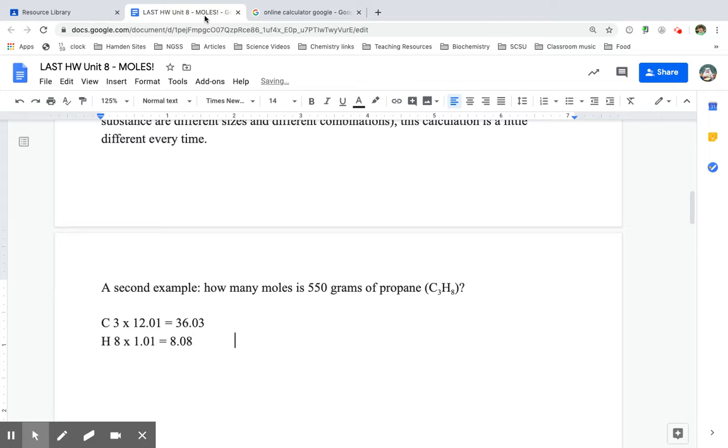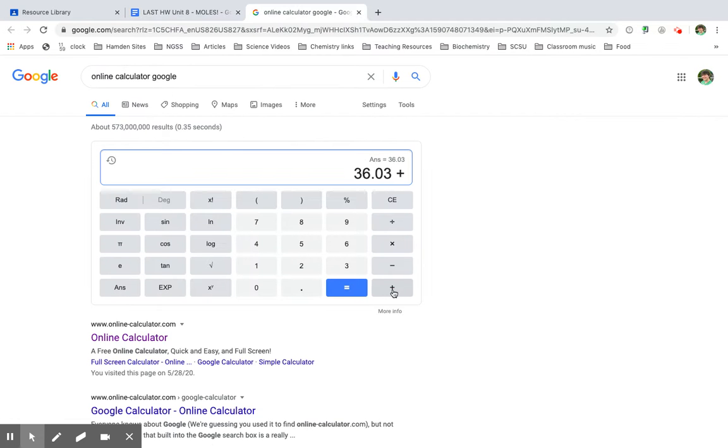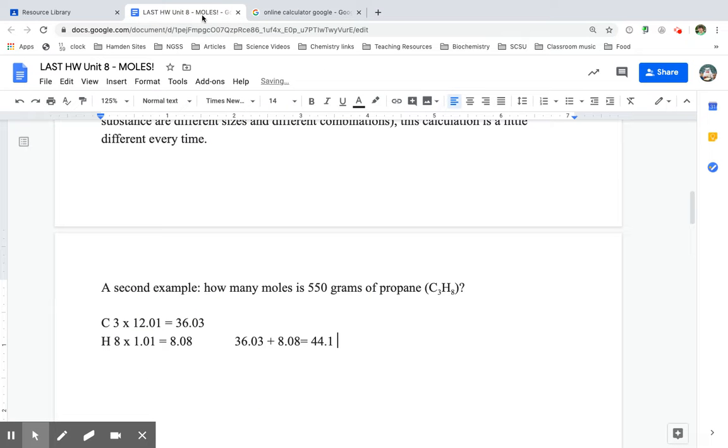And then we added these two things together, right? 36.03 plus 8.08 to get 44.11. 44.11 grams is equal to 1 mole.